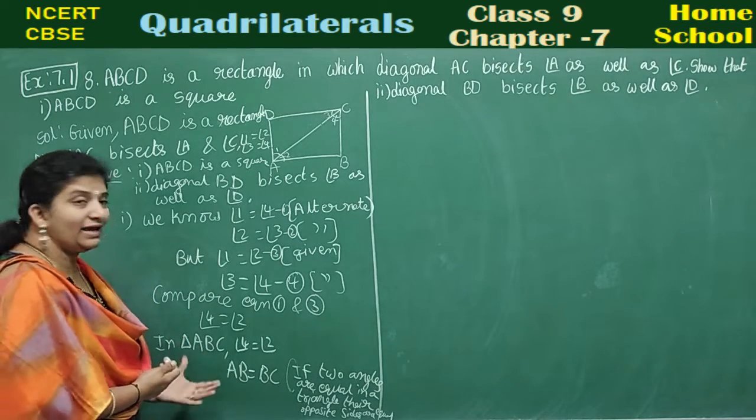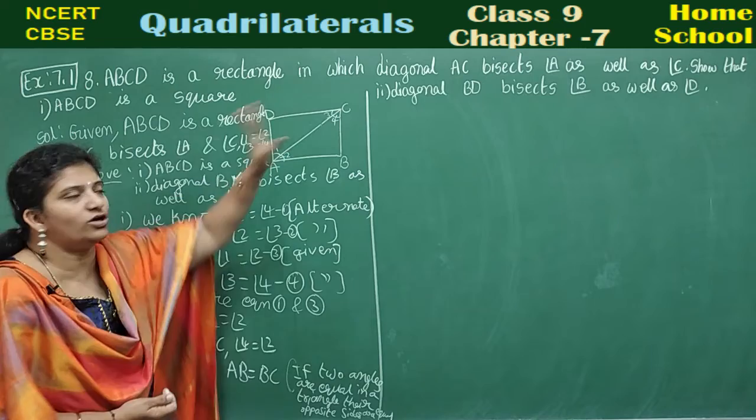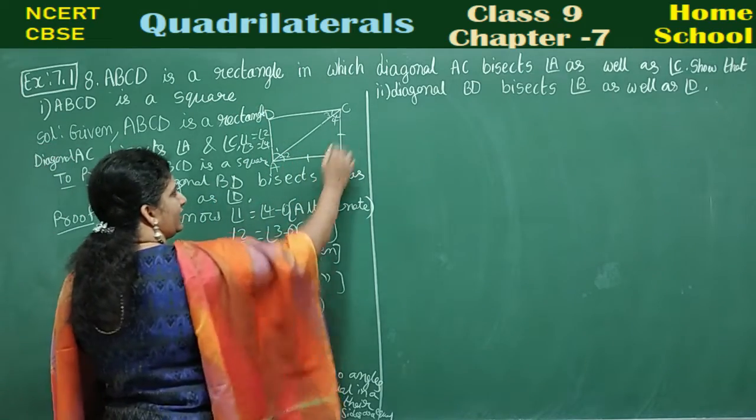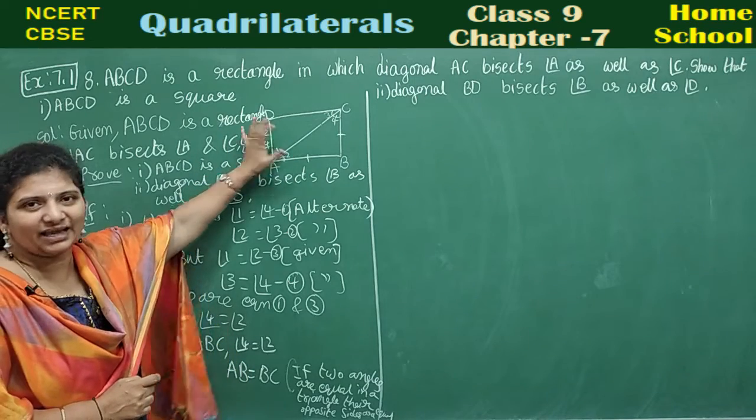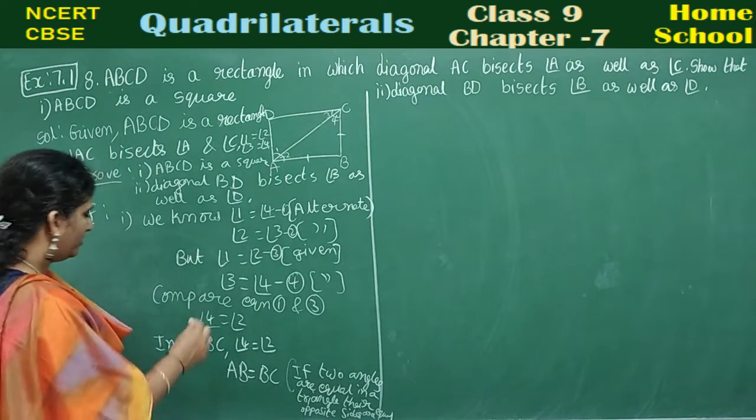So now I can say that AB is equal to BC. In a rectangle, if two adjacent sides are equal, then this rectangle becomes a square.